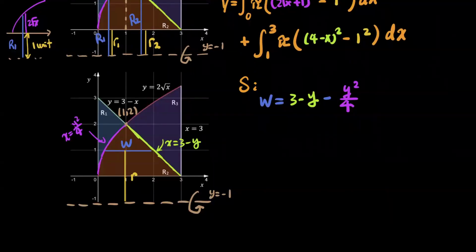Okay, so how do we express r? Right, so let's take a look on the side, perhaps, if you don't see it right away. So we know that this distance here is 1 unit.